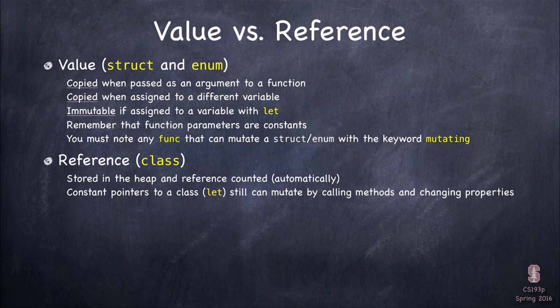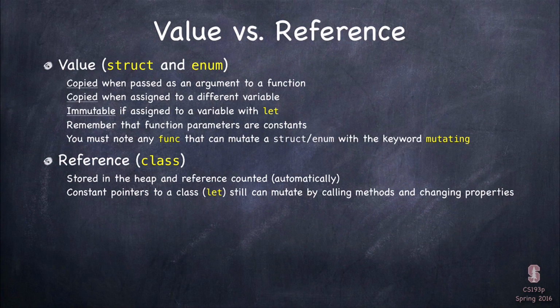It predictably removes it from the heap immediately. So it's very different than garbage collection, where garbage collection is kind of going on in the background, and it might collect a whole bunch of stuff in the heap all at once that's been sitting around for a while. This is predictable memory management, and it's all managed for you. There's only one way that you participate in that, which is the weak and strong, which I'll be talking about later.